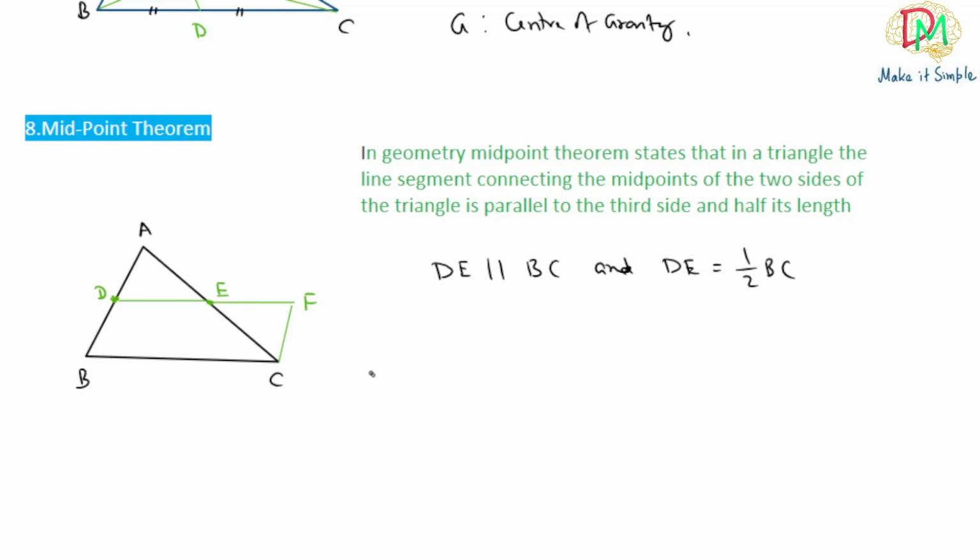Let's prove that. For this, extend DE up to F so that DE is equal to EF. Already AD is equal to DB, and we construct this side also equal to this side.